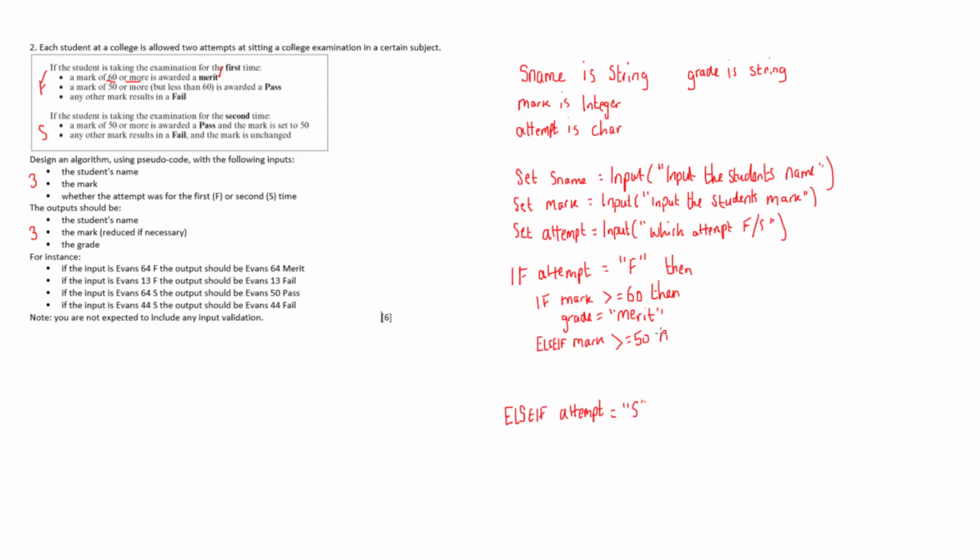So I need to use this AND operator, and there's two conditions on this line, and the mark was less than 60 only. Then what we're going to do. Notice there's no equals here because that's covered by the first condition. So 60 or more gets you a merit, and 50 or more, but less than 60, then gets you a pass.